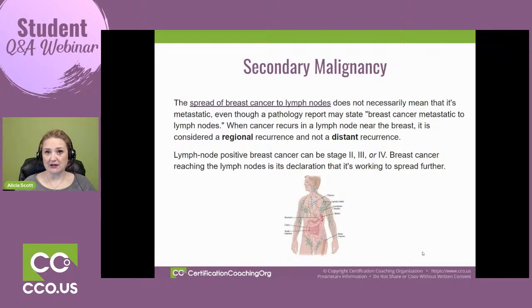Now getting back to secondary malignancies, how does breast cancer move? We like to think that it's through the lymph nodes, because we hear that and see it in the documentation so often that if a person goes in and has a biopsy done, they usually pull some lymph nodes in the axillary area whenever the patient has breast cancer or suspected breast cancer, because they want to know if those cells have reached the lymph nodes, because that's the canary in the coal mine, right?